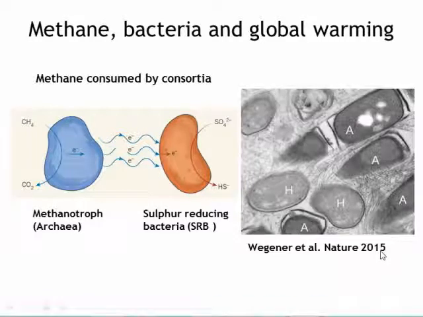And the authors cultured, this is the archaea, here is with A, and the sulfur-reducing bacterium is H. When they were cultured together in the presence of, I think they found some way to get methane generated as a carbon source.